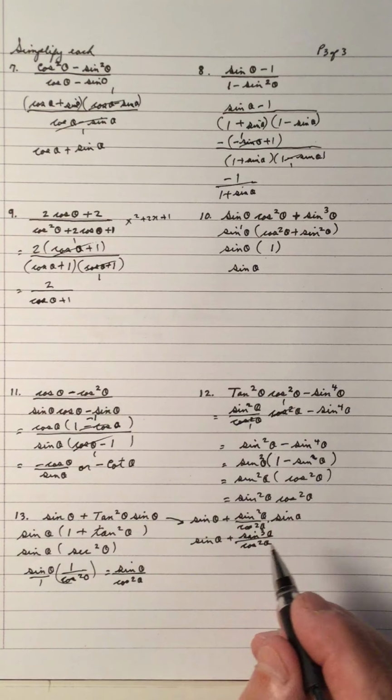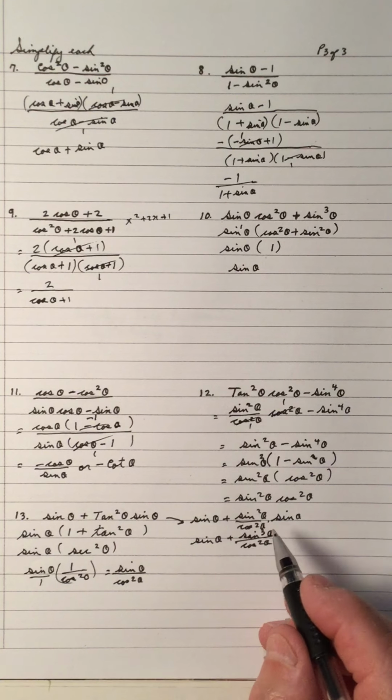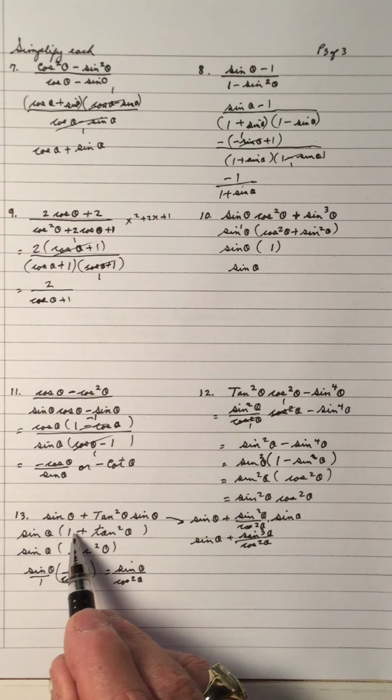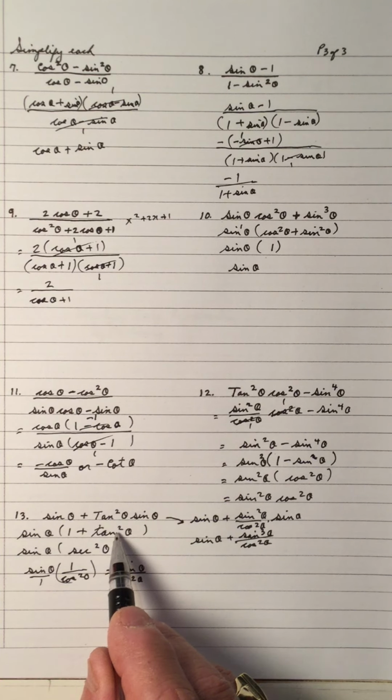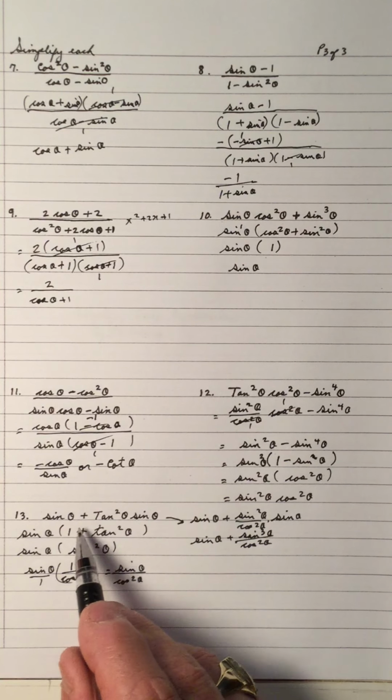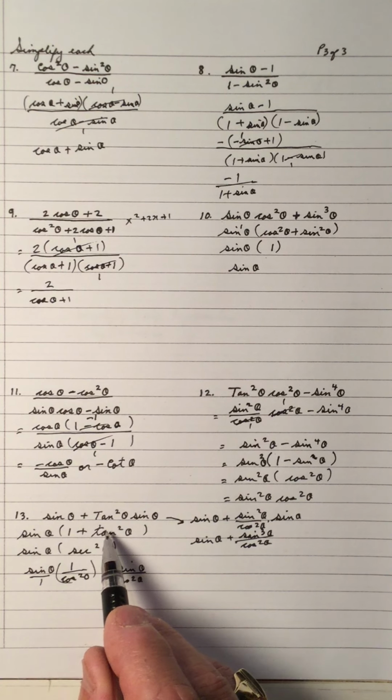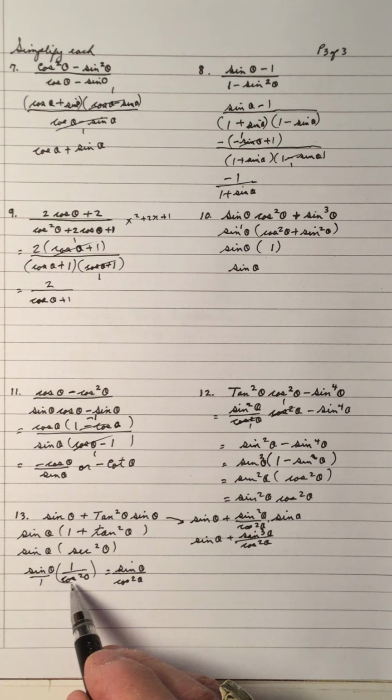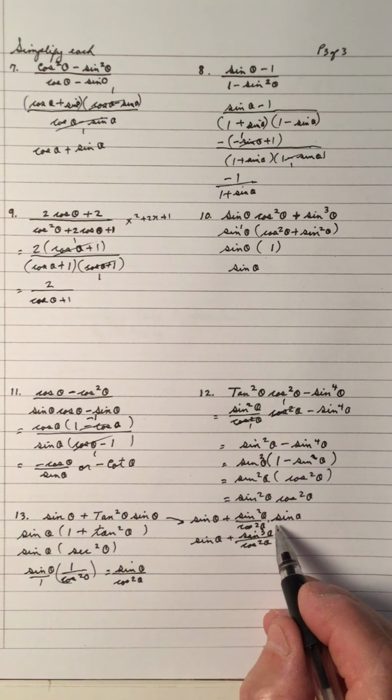And notice now, it's going this way. When I did 1 plus tan squared, right here, by taking the sine out, I recognized that was a secant squared. This made it much easier to do. Now this is not going well.